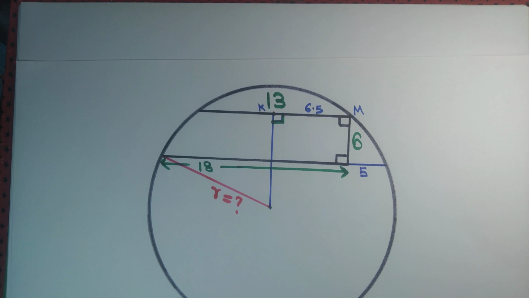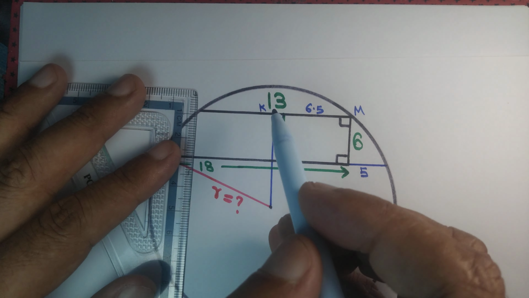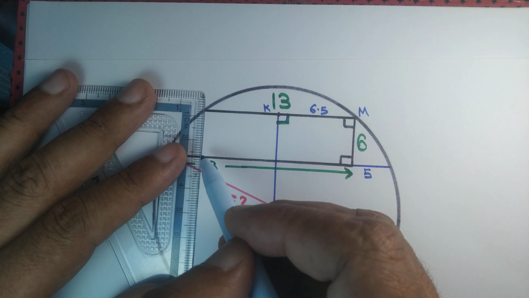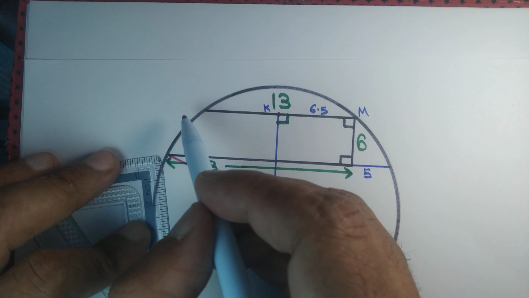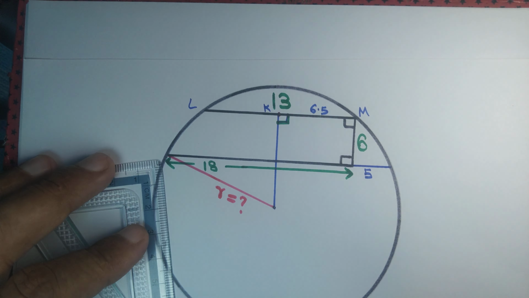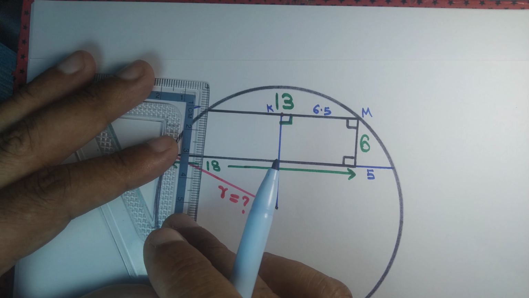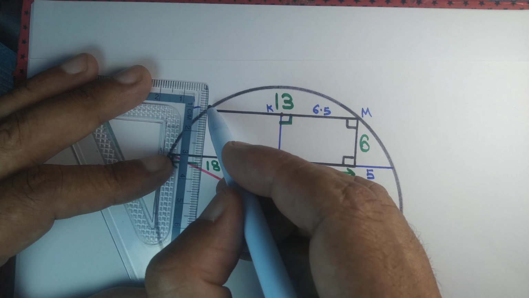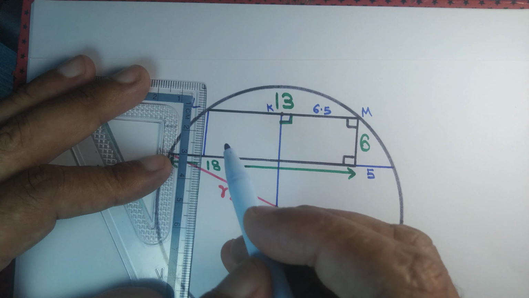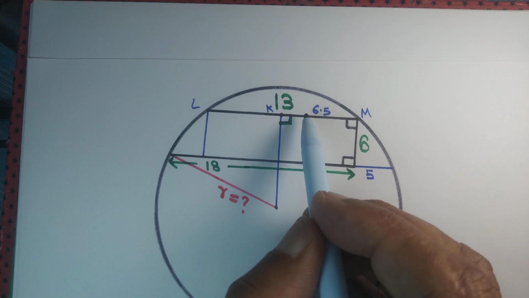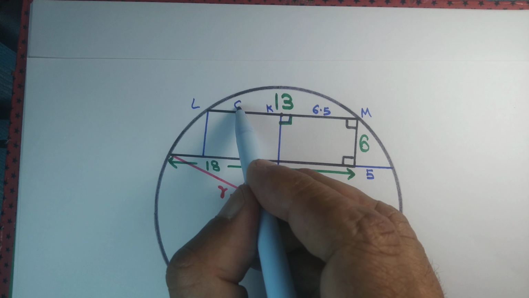If you don't believe, we will show that this measures 5 units. Let us draw a perpendicular from this point, let's say L. From L, we draw a perpendicular to the longer chord. Okay, we did it.